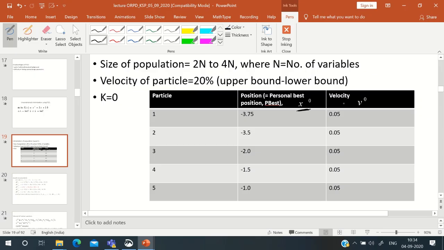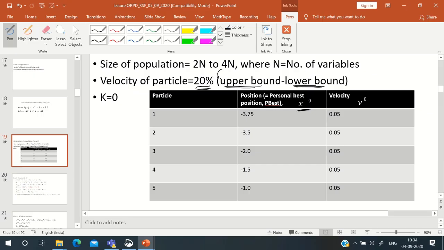Now second step, initialize the step length or velocity v superscript 0. We have to initialize the initial step length, of course. So what is the equation for initializing the velocity or step length of the particle? It is generally taken as 20% of upper bound minus lower bound.